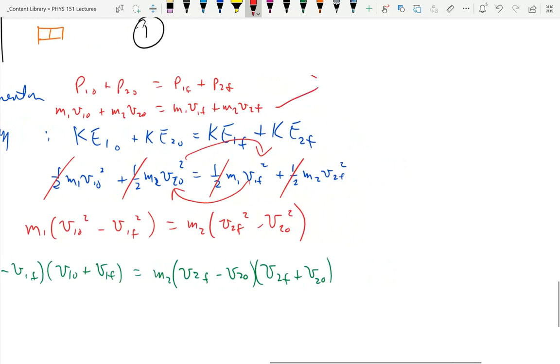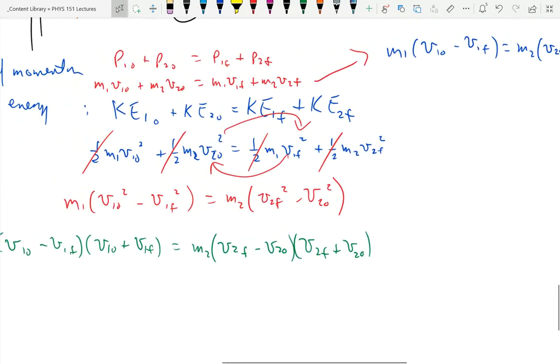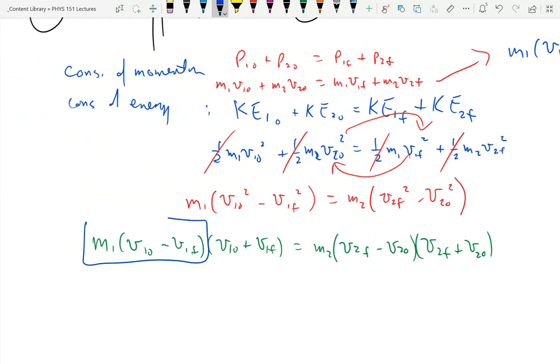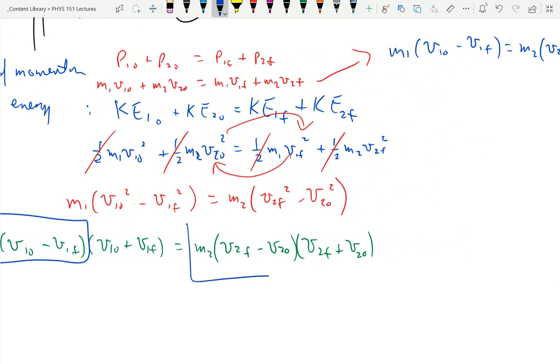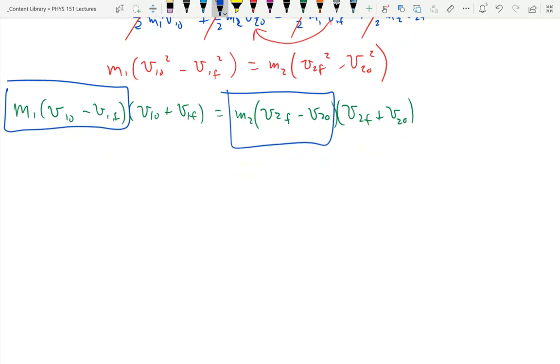If we take this equation and likewise bring the terms by mass, we have mass 1 times V1 initial minus V1 final equals mass 2 times V2 final minus V2 initial. So that's my equation for conservation of momentum. And if I take that, I see this here and this here are this and this. And so I can cancel those, so my kinetic energy equation becomes V1 initial plus V1 final.